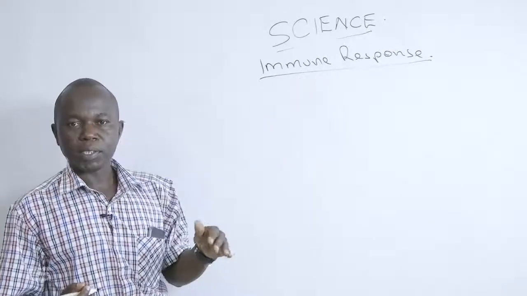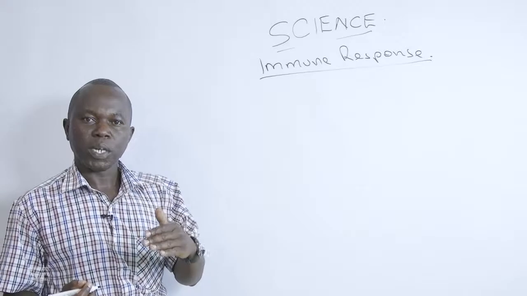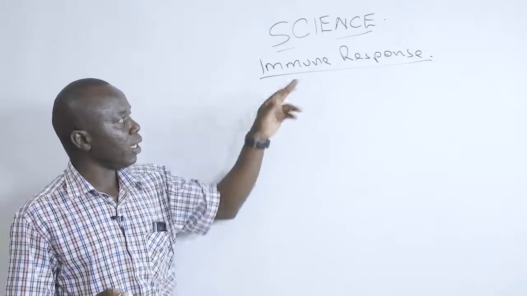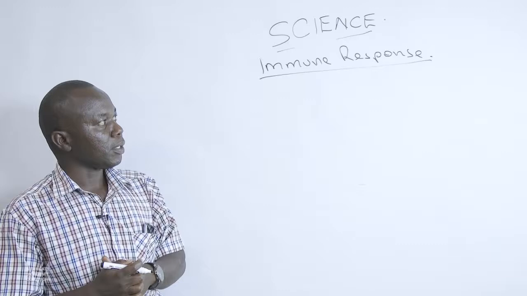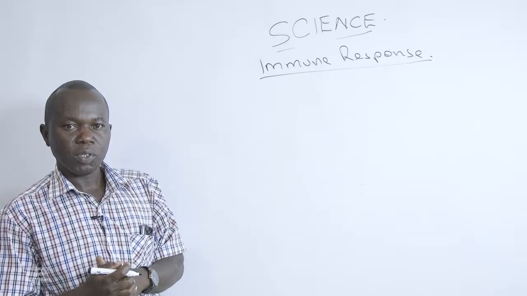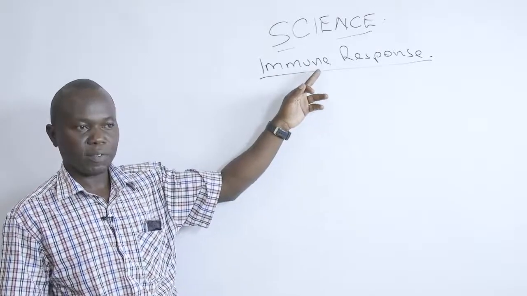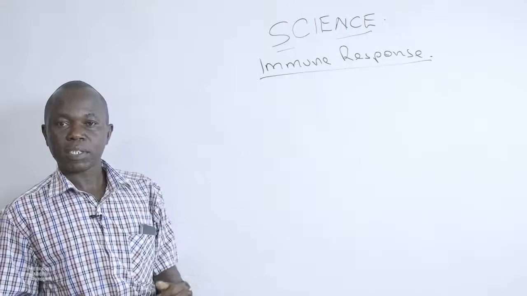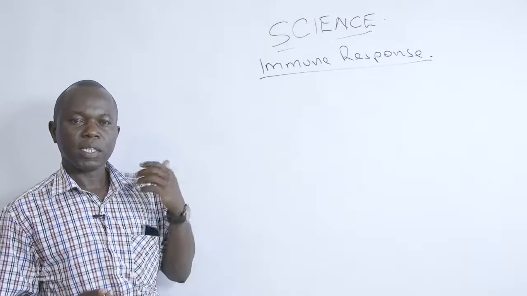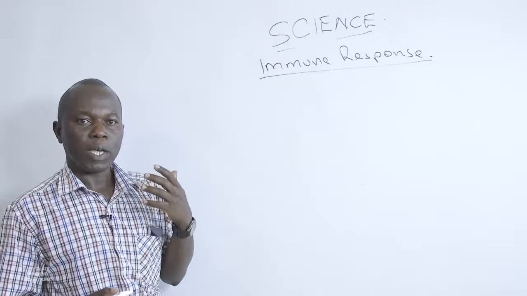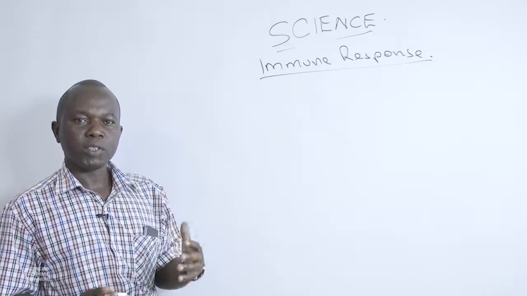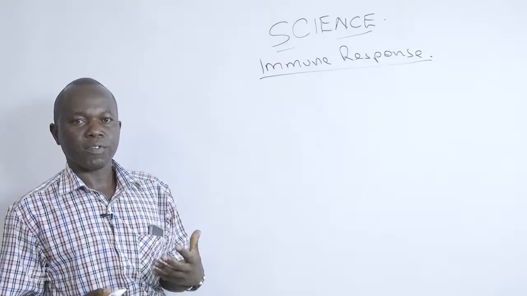So the second process that comes in to clear the pathogen is immune response. In this case, we have to find the meaning of immune response. Immune response is the process by which the body responds to presence of a pathogen.